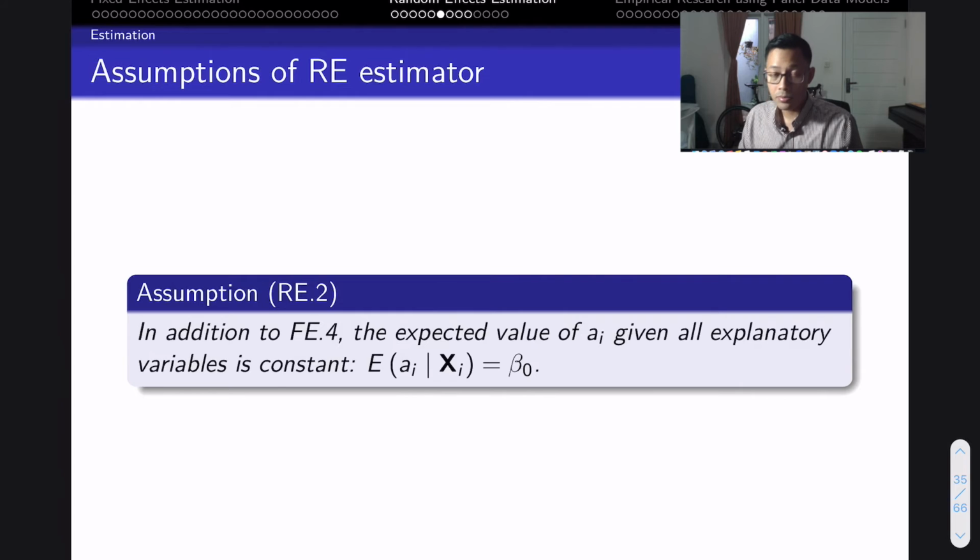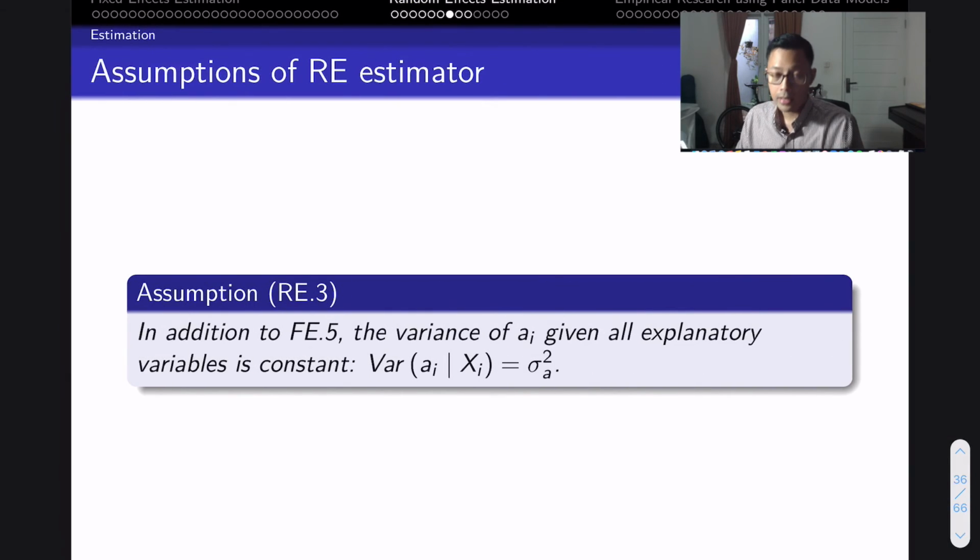And then random effect assumption number 3 is that, in addition to the fifth fixed effects assumption, the variance of a_i given all explanatory variables is going to be constant.